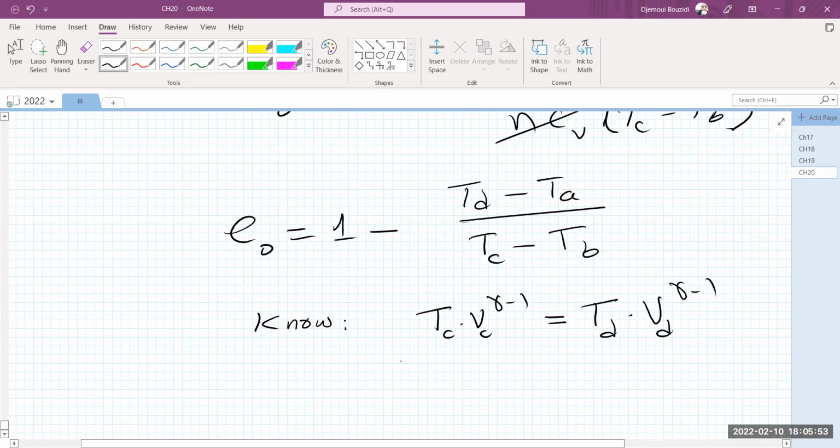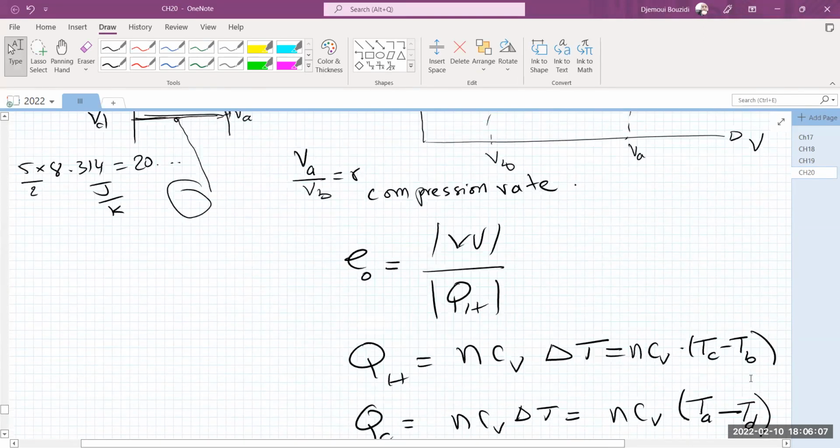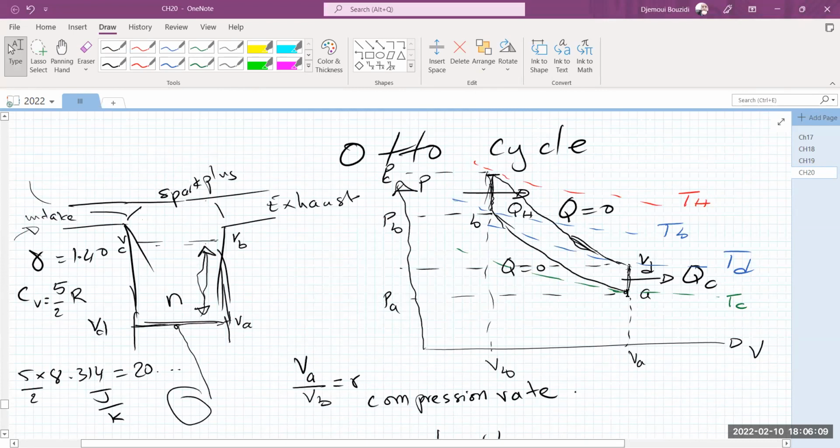Similarly, I know that TA, because they are adiabatic processes, times VA to the power gamma minus 1 is equal to TB times VB to the power gamma minus 1. In other words, this temperature times this volume to the power gamma minus 1 is this temperature, TB, times this volume to the power gamma minus 1.